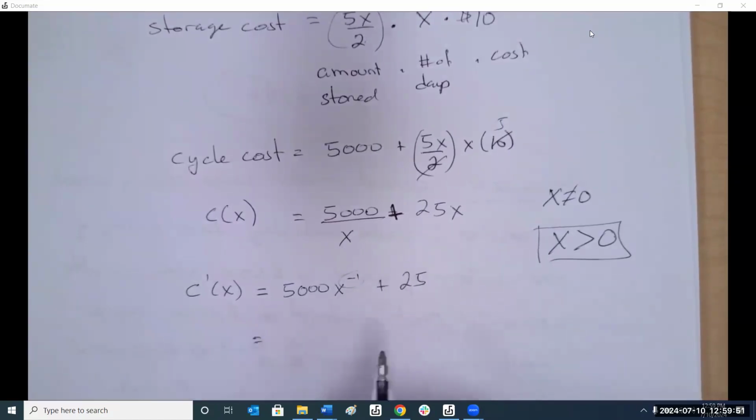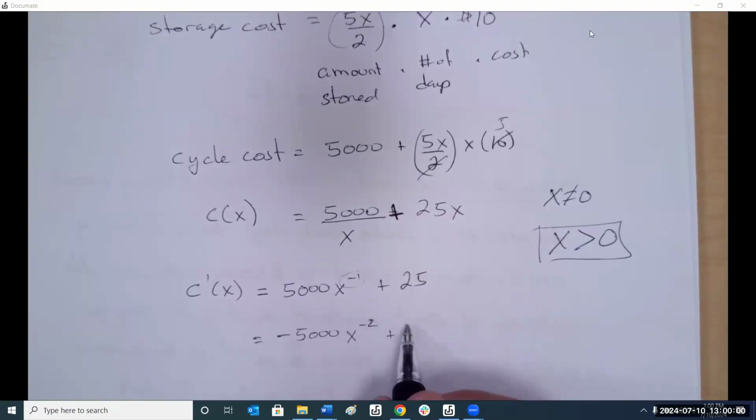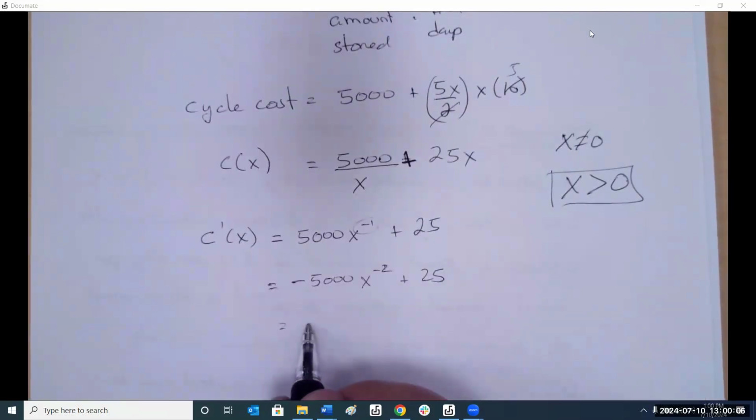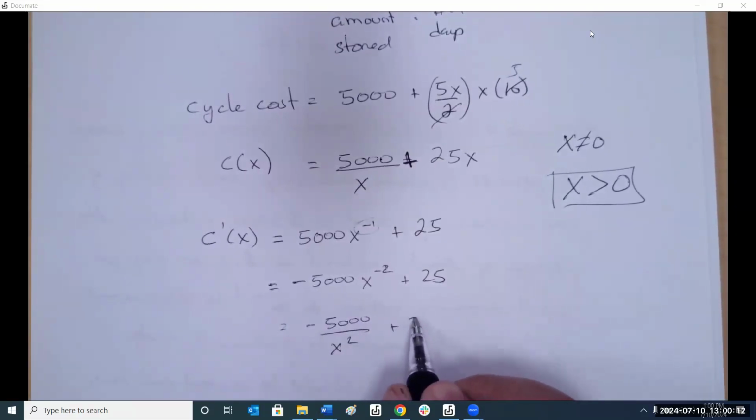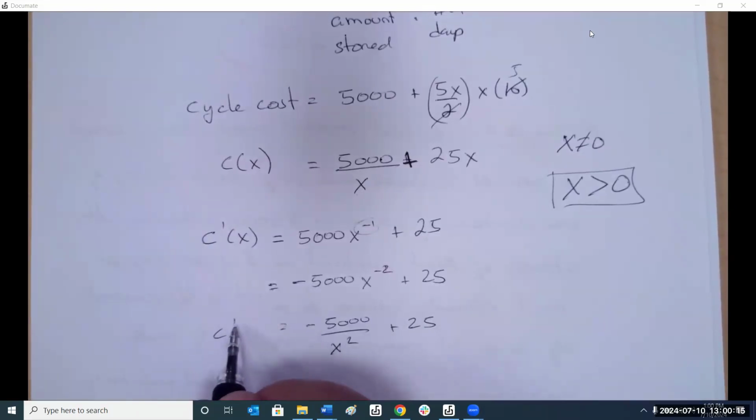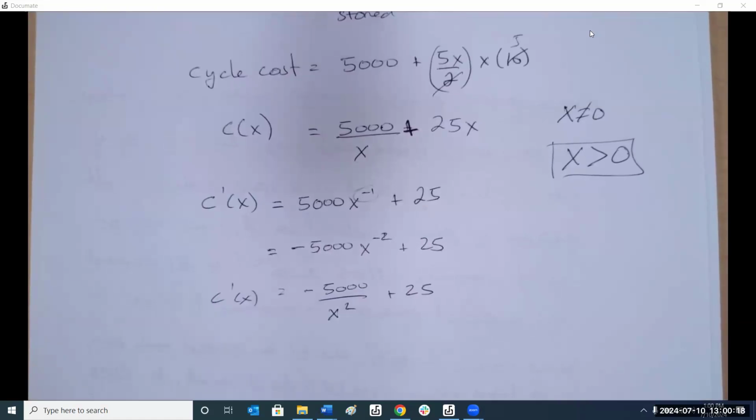This comes out in front, so it's negative 5,000 x to the power -2, so it's negative 5,000 over x squared. Set that equal to 0.